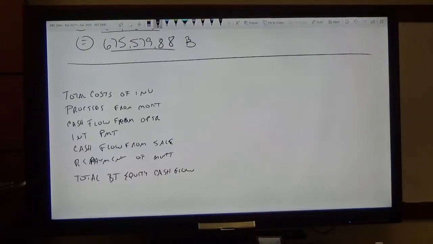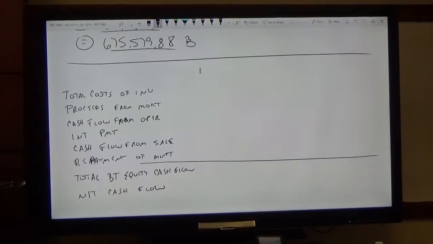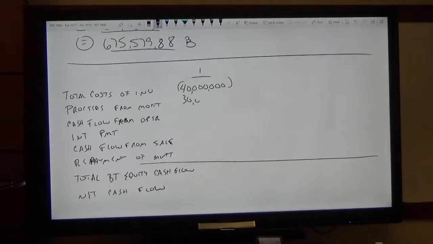And then finally, net cash flow. All right. And so we've got year one. I'm not going to write all these out, but we're going to write at least the first couple of years just so you get a sense of what's going on. And as I said, I'll explain these. We've got 40 million. $30 million.